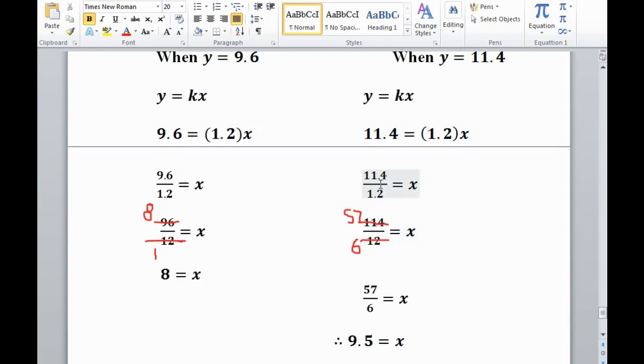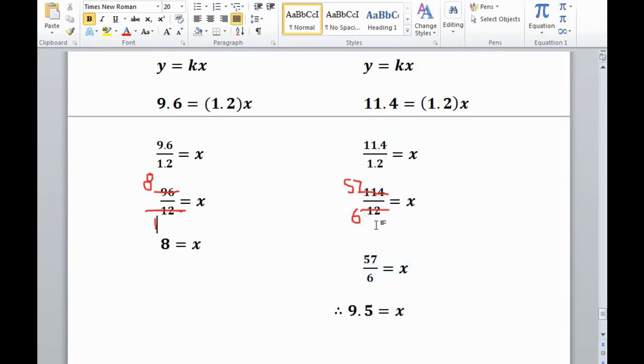Again we have the same number of digits in the numerator and denominator. In the decimal places of 11.4 and 1.2, we have the same number of digits, only one digit in the numerator and in the denominator of these two decimal numbers. So this fraction can be written as 114 upon 12.